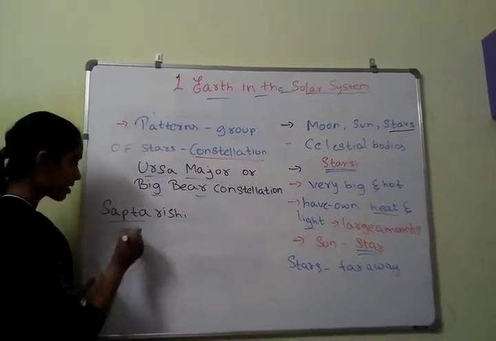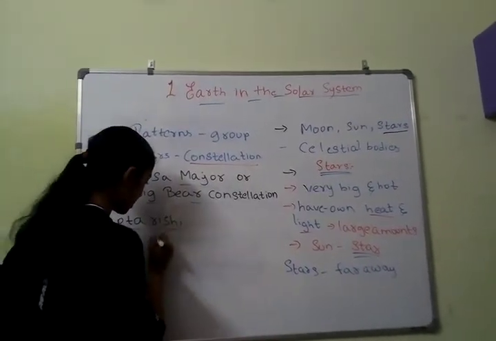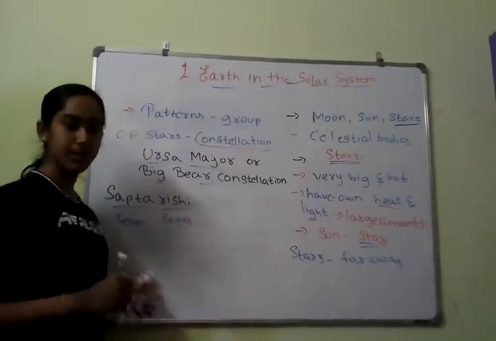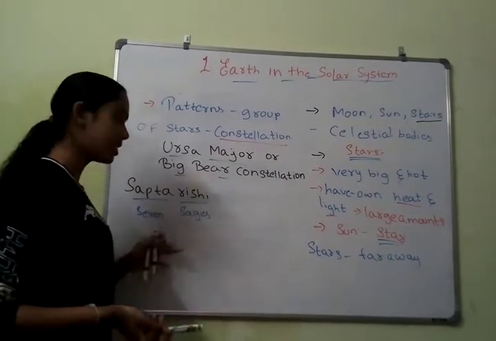Here Sapta means 7 and Rishi means sages. You can easily observe this, and you can ask an adult at home to show it to you.